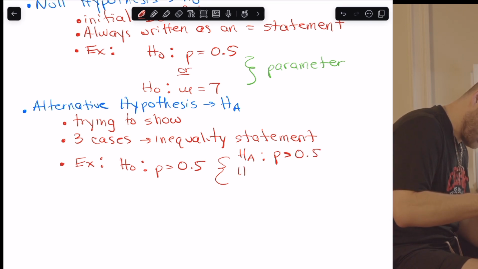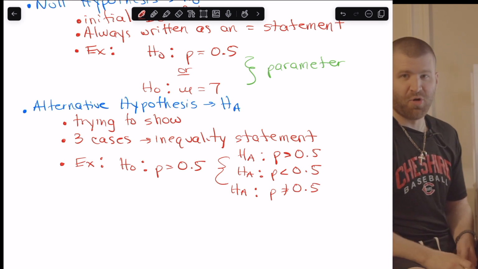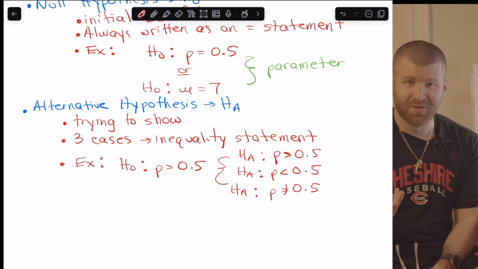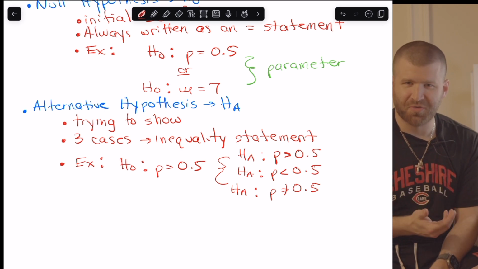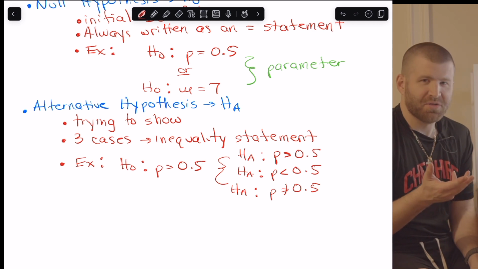We can have an alternative that P is less than 0.5. And the last case, we can have the alternative that P does not equal 0.5. So notice the not equal to, we'll talk about wording to look for in problems for that. But otherwise, we have three separate cases.